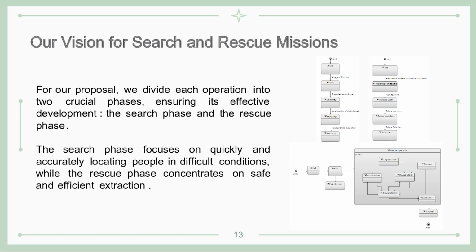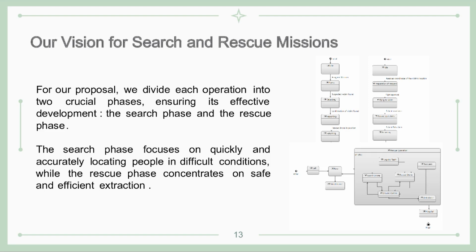This involves careful planning and execution by deploying the rescue drone alongside a rescue winch to access the victim. Our approach is not just about splitting up the mission. It is about using technology and well-structured processes to save lives more effectively.